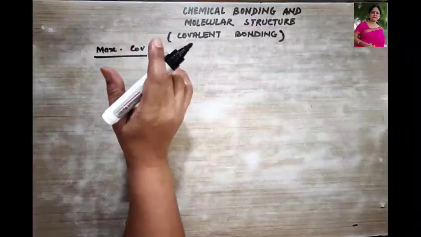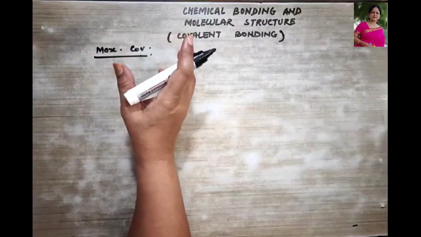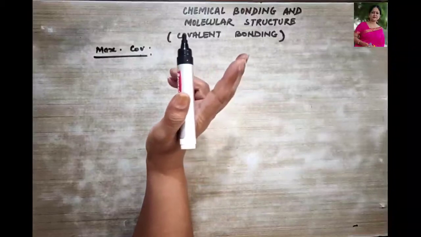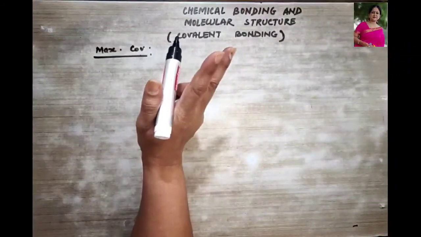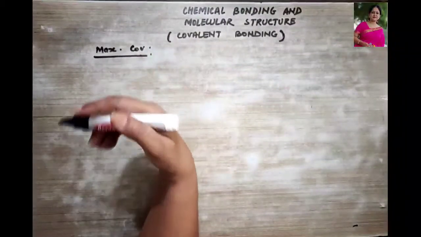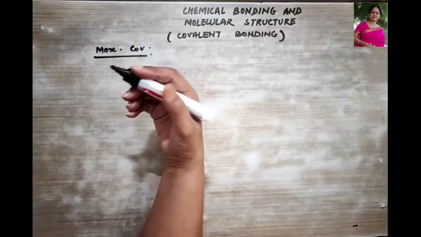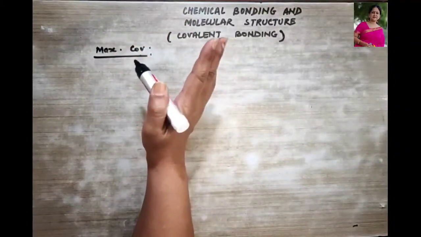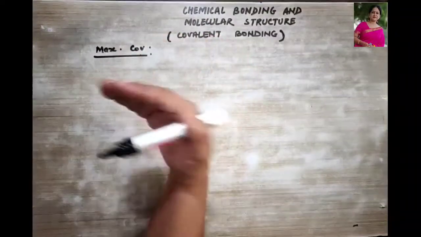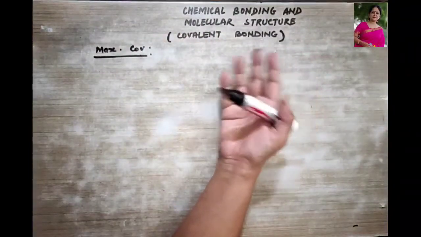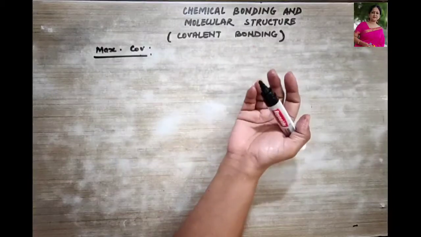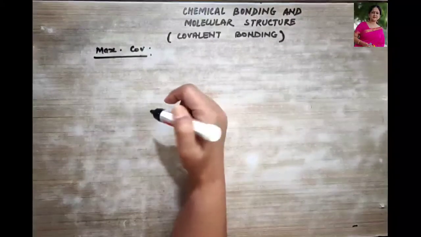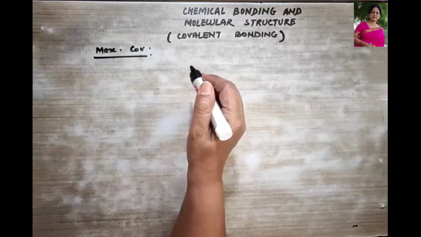So the maximum covalency of an element is the number of unpaired electrons that an atom of the element acquires after promoting all of its valence shell s and p electrons into d orbitals, as I showed you for sulfur, and as you will find out for chlorine as well.